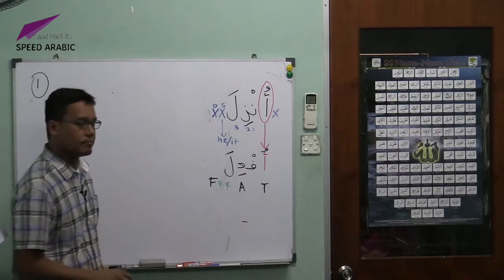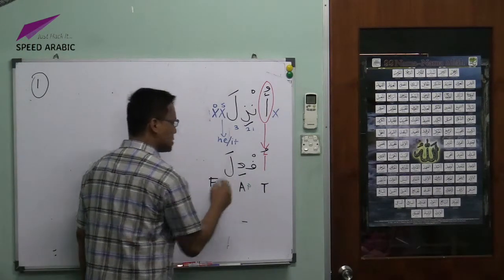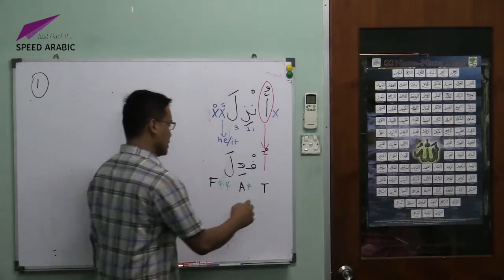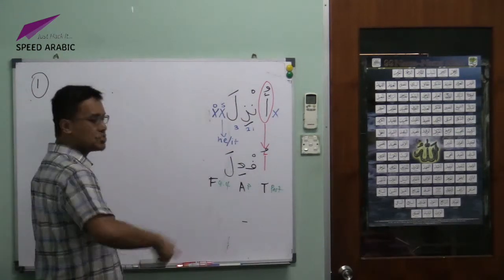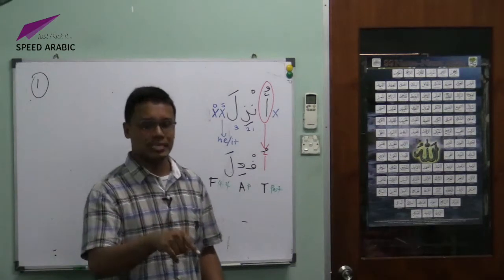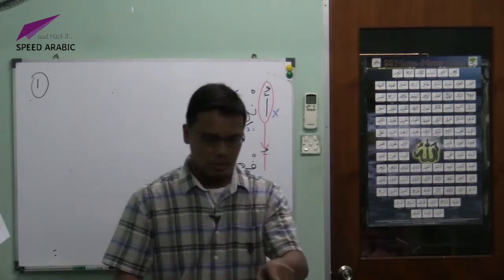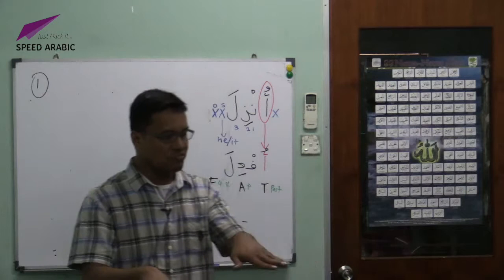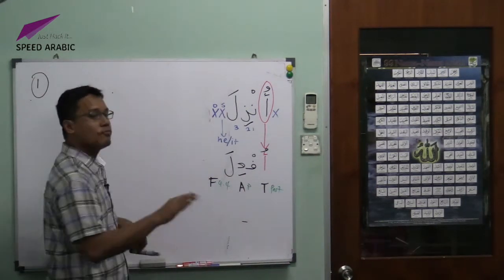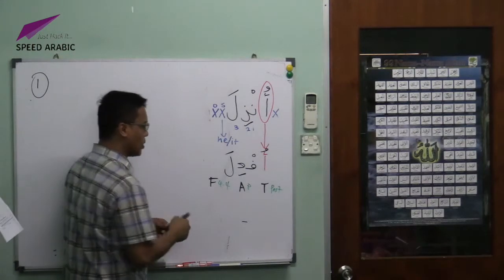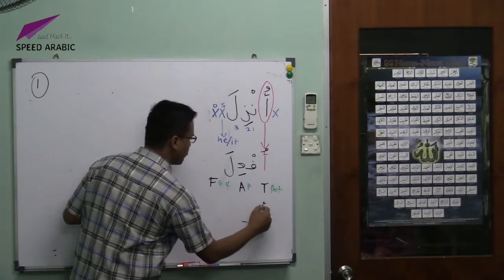Active or passive? Passive. Tense is past. Once you get that, what do you need to do next? Convert to the past active. That means from 4.4 you go to 4.1. Give me 4.1. Af'ala.